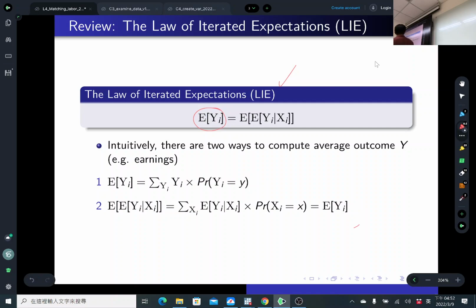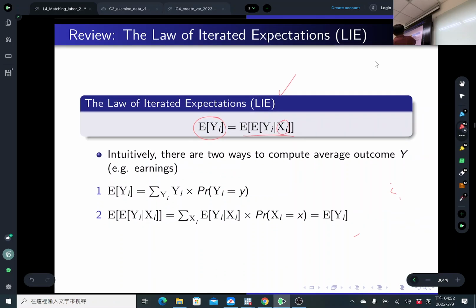One way is the direct way. Another way is the indirect way: you calculate the average within the subgroup and take the average over these subgroups, and you can also get the average of y.